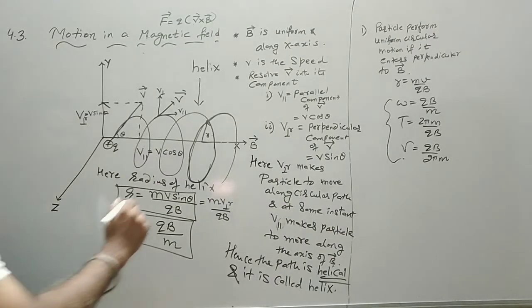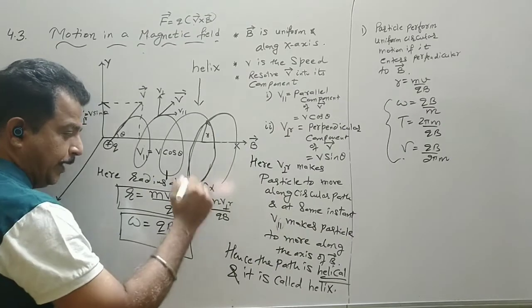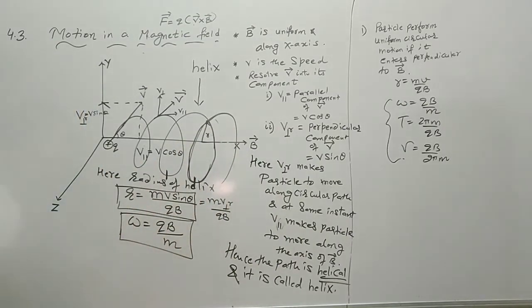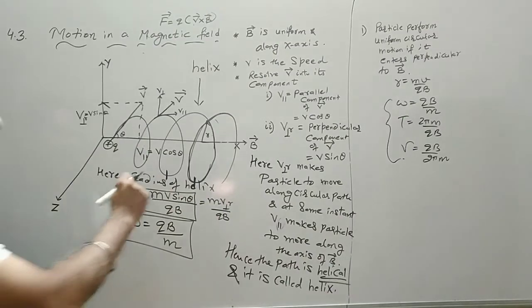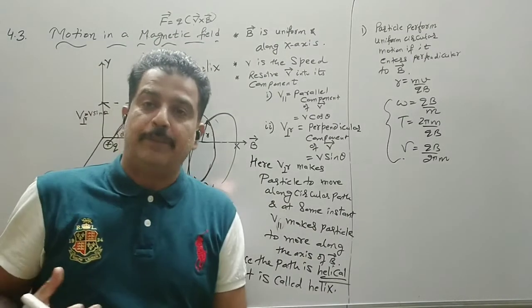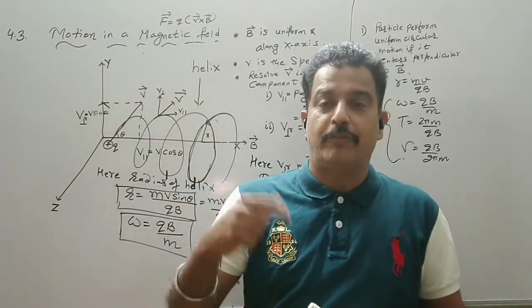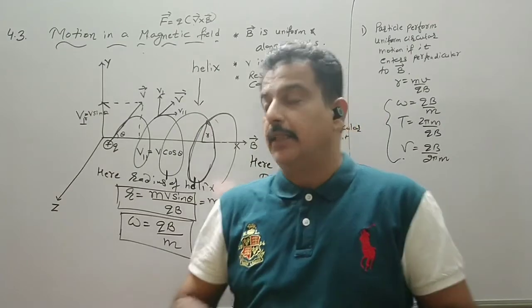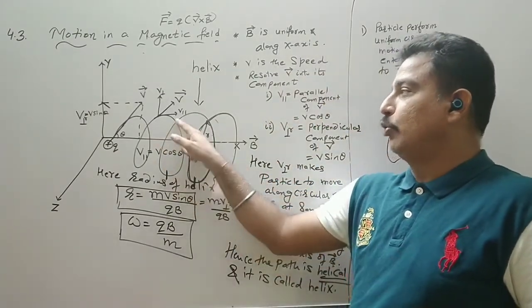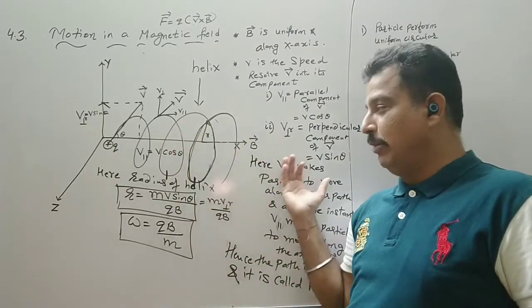Now the distance between these two turns of the helix, or you can say two consecutive circular paths, is the linear distance in the direction of the magnetic field for one complete rotation. So when the particle performs one complete rotation, suppose I take this instant, one rotation is over, then it will move forward, again it will move forward.